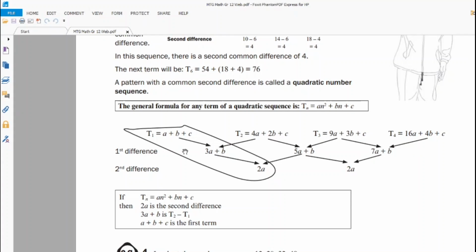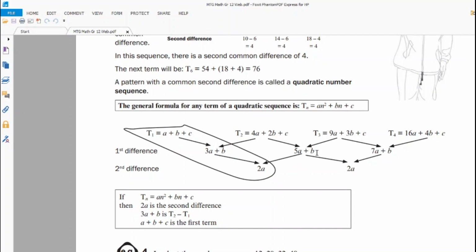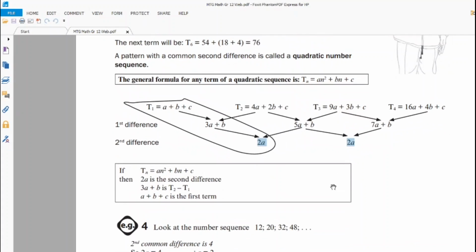So this is the first difference we have here. And then if we take the difference of that first difference, we find that it's 2a. So 5a plus b minus 3a plus b gives you 2a. Now 7a plus b minus 5a plus b gives you 2a again. So we have a constant second difference of 2a. So it confirms that this is a quadratic sequence, right?